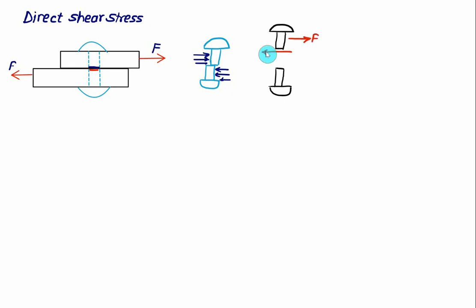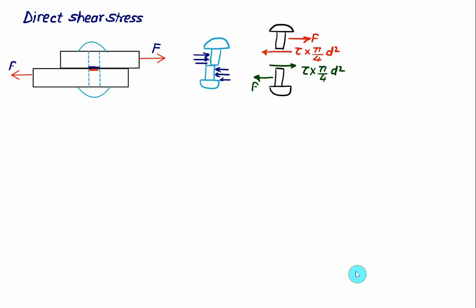This value of the shear stress is equal to tau, and the corresponding area will be equal to pi by 4 into d square. Similarly, for the bottom rivet, the force is exerting on the left hand side, equal to F. So the shear stress will produce on this circular cross section, equal to tau multiplied by pi by 4 into d square.